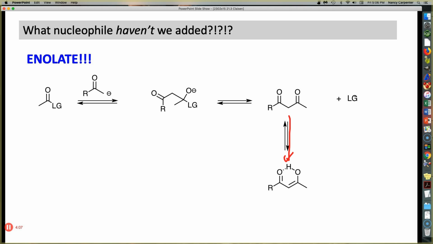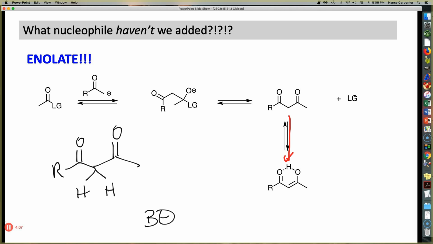Well, the fact of the matter is, if it's easy to deprotonate an alpha hydrogen because of resonance, it's even easier to deprotonate one that can be delocalized between two carbonyls.